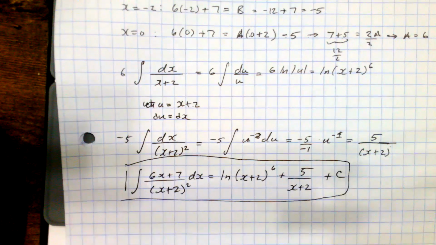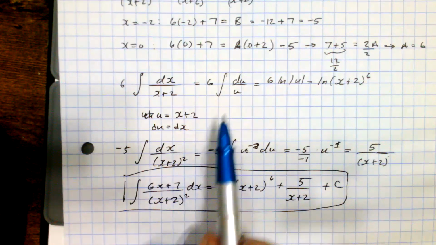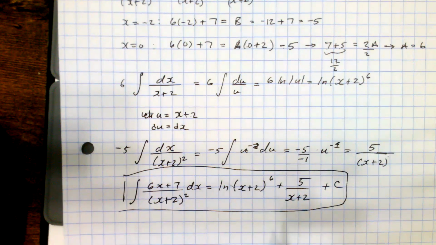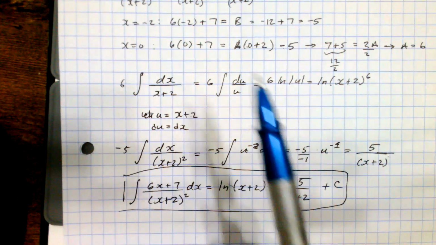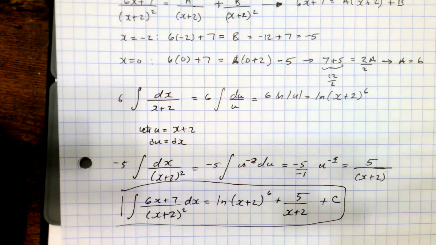While it is a little bit of work, you can see that integrating the two terms once you have the coefficients a and b is much more feasible than trying to figure out how to integrate this otherwise. I hope that was helpful, and I'll see you in the next video.